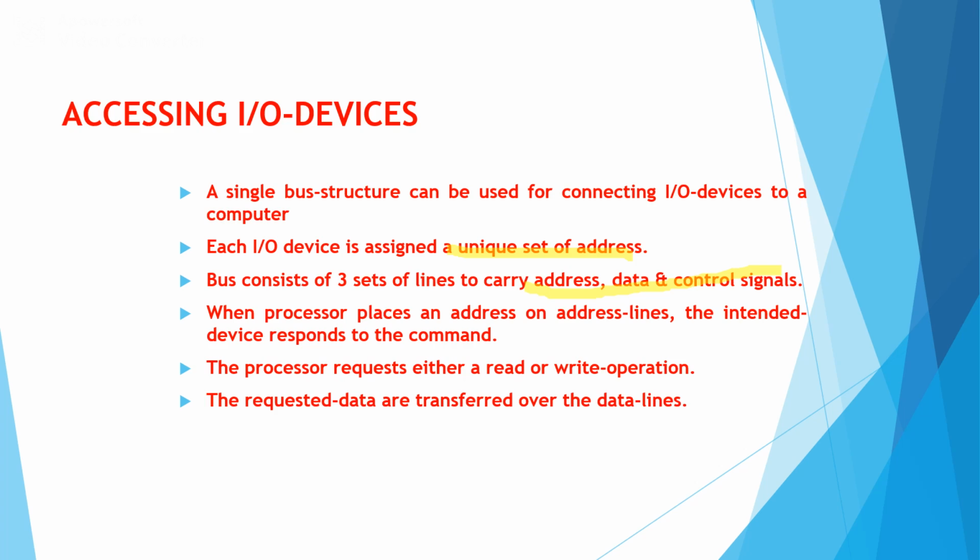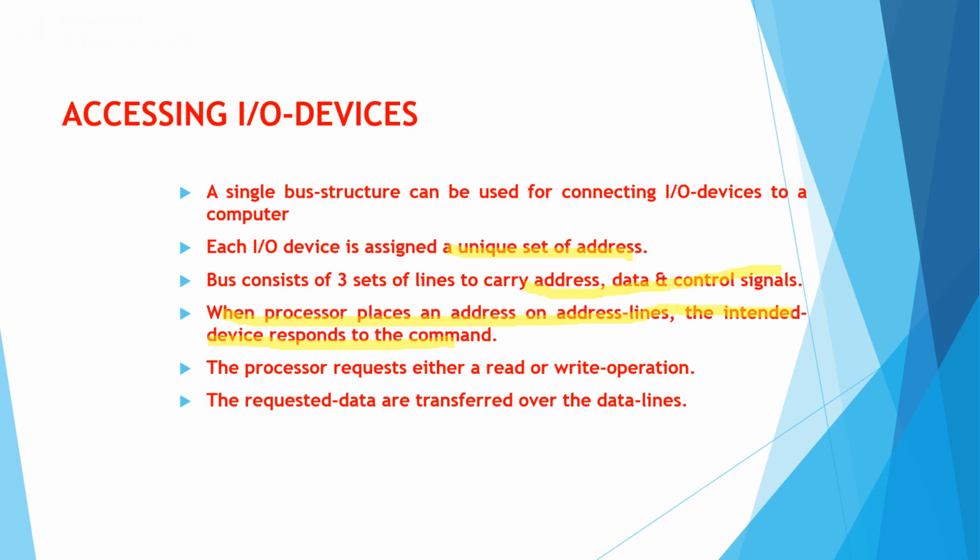When the processor places an address on the address lines, the intended device responds to the command. So initially the processor will place the respective address on the system bus, and the intended device will respond to that command.